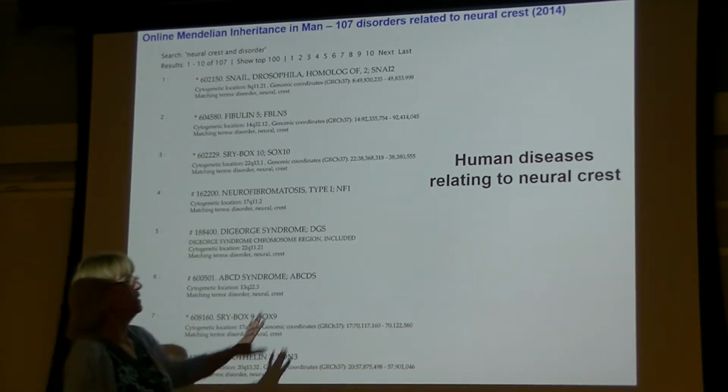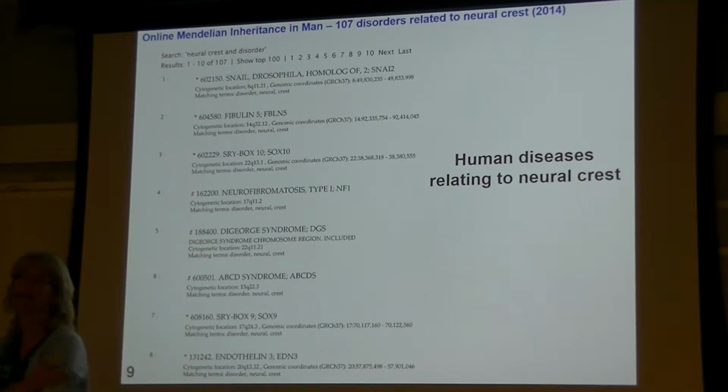Anyway, if I type in neural crest, I got 107 actually quite different disorders or diseases that are related to the malfunctioning or the malpatterning of neural crest cells. So if these cells are not specified in the appropriate numbers, if they don't migrate to the right place, they don't differentiate correctly once they get there, you're going to have a problem in the tissues of the body that are derived from neural crest cells.